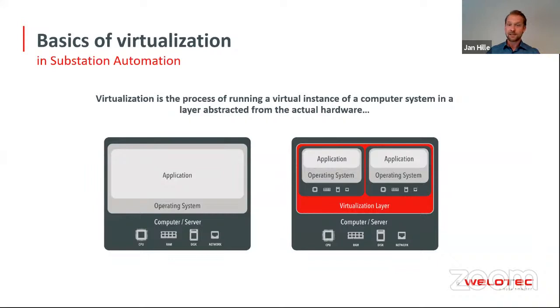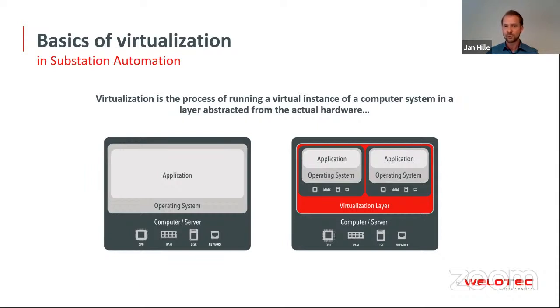On the right side, you see maybe the same hardware, but we add an additional layer: a virtualization layer, which is installed directly on the hardware. On top of this layer, we are able to create virtual instances of computers. This virtualization layer takes care of managing resources like CPU, RAM, storage, and interfaces for these virtual machines.